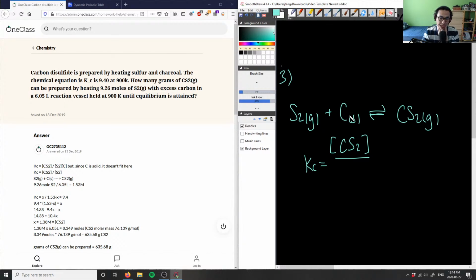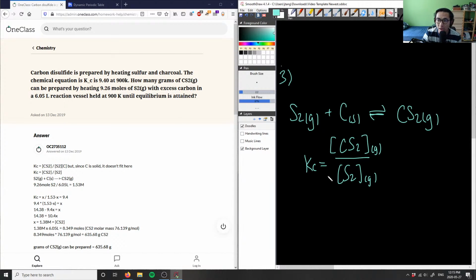However, solid carbon doesn't play a part because it's a solid, so we care about the S2 only. So we know that Kc is 9.40 at 900 Kelvin.